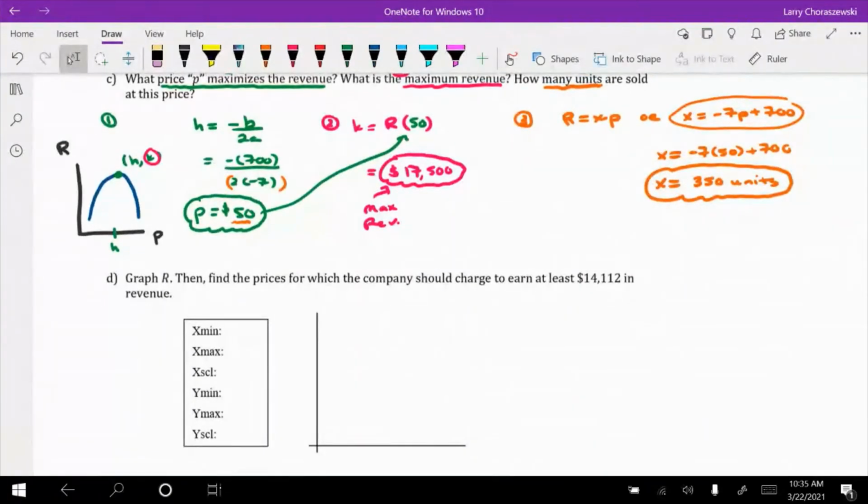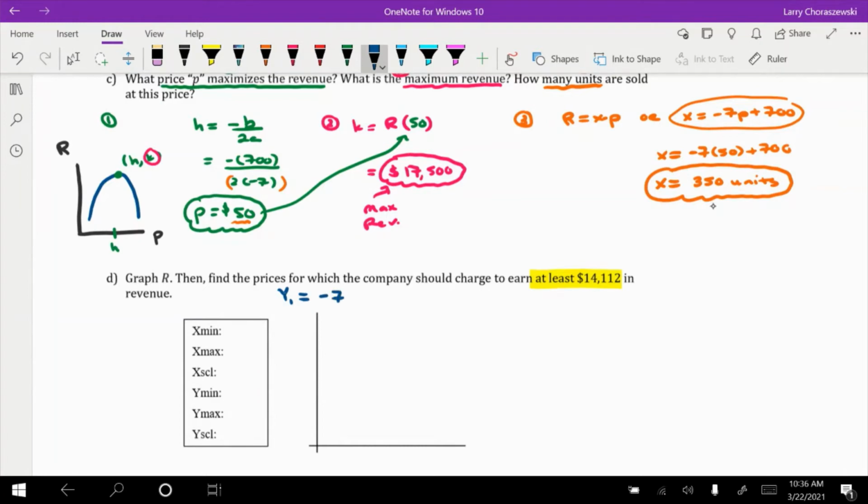So we'll move on to our last part. They want us to graph R and then find the prices for which the company should charge to earn at least $14,112 in revenue. So here's the strategy. We're going to type in two equations. Y1 is going to be our revenue function.